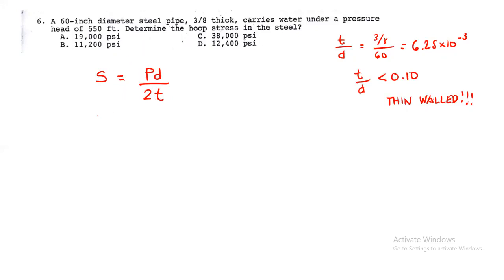So stress equals PD over 2T. So ilan ba yung pressure? So pressure is 550 feet. So pressure is equal to specific weight times height. Ilan yung specific weight natin?